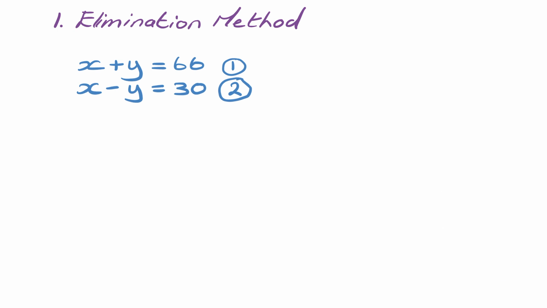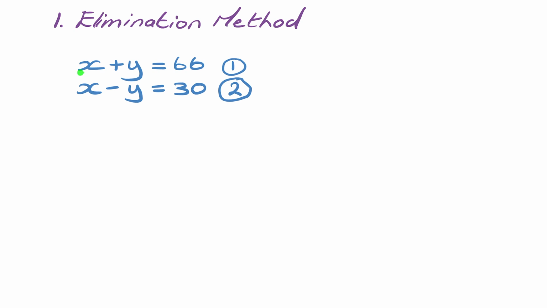Now with the elimination method, what you're looking to do is eliminate one of the variables. And the way you will do that, you're either going to subtract or add each term of each equation. So if we look, now I'm going to use quite a different colour. Let's use red.